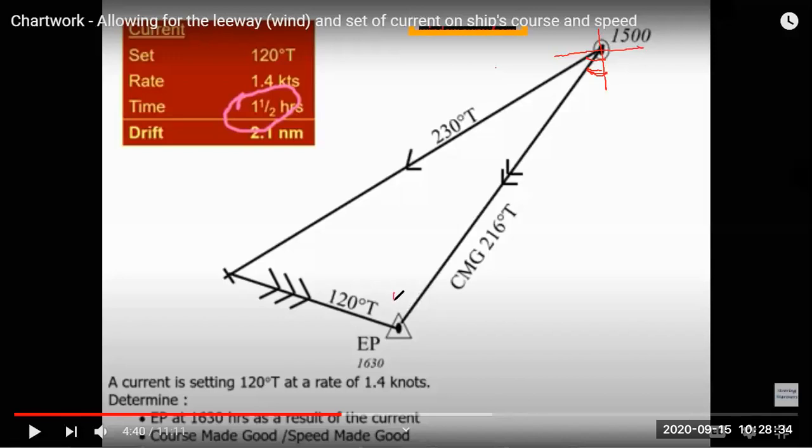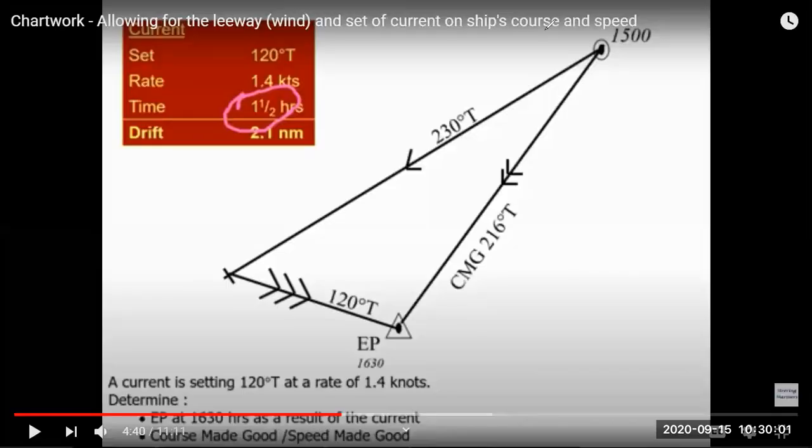Also, if you have a vector, you can extend this line and measure here, and you can understand that this is 180 and this is 36, so 216. So this is the allowing method. We have allowed for the current and we get the estimated position.